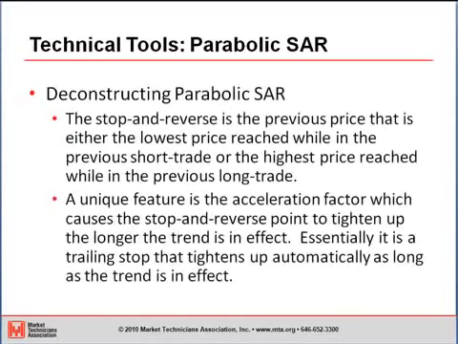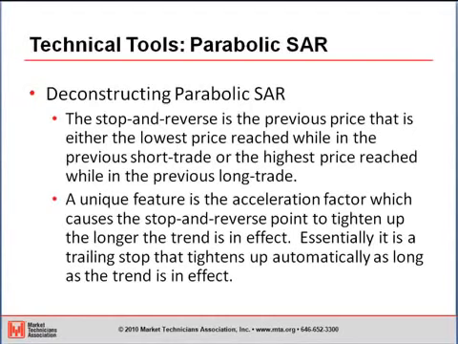Okay. To deconstruct the parabolic time price system or the stop and reverse system, the stop and reverse is the previous price that is either the lowest price reached while in the previous short trade or the highest price reached while in the previous long trade.